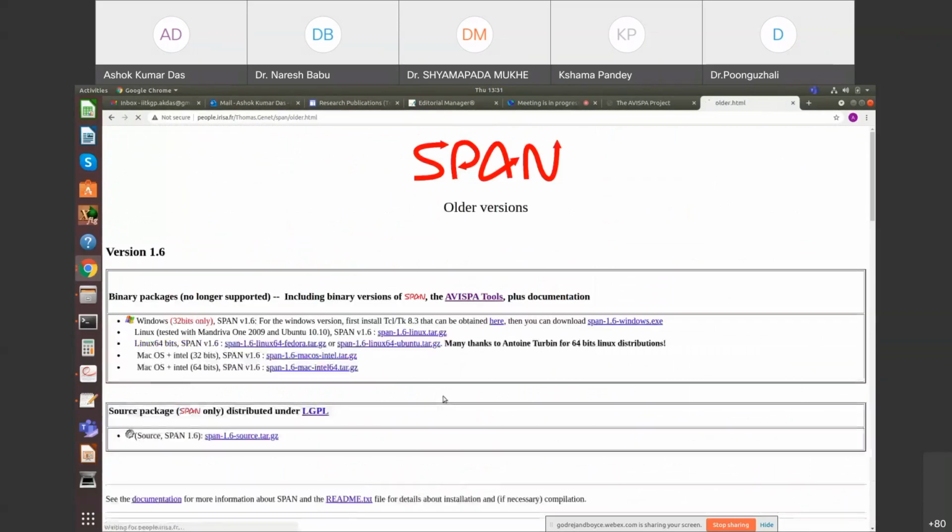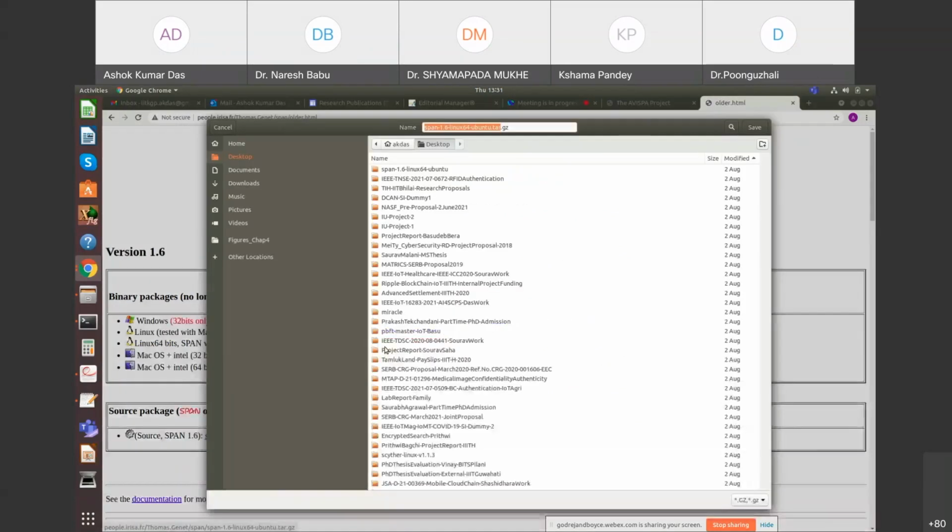So here, first of all, say for example, if we use Ubuntu, say Fedora or Ubuntu, you have to first download this one.